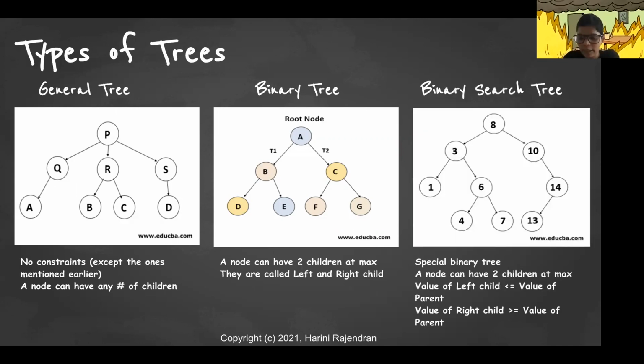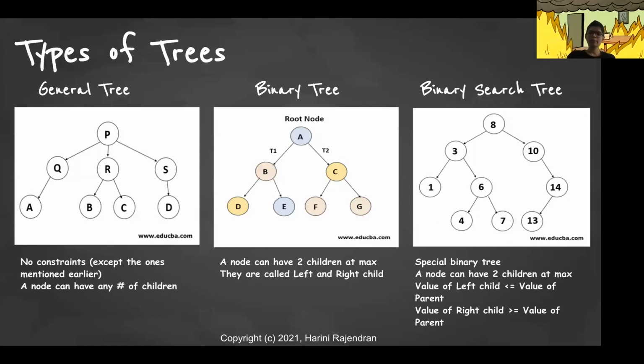A specialized type of binary tree is called a binary search tree. Since this is again a type of binary tree, each node can have only up to a max of 2 children. That constraint still holds true for a binary search tree as well. On top of that, there are 2 more constraints. In a binary search tree, the value of the left child should always be less than or equal to the value of the parent, and the value of the right child should always be greater than or equal to the value of the parent.